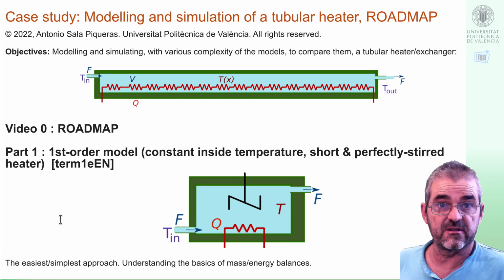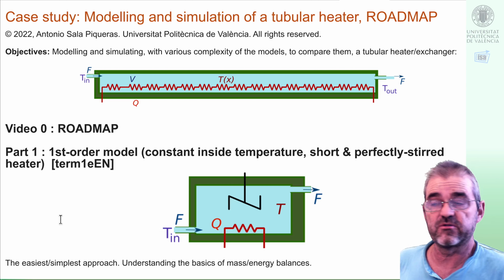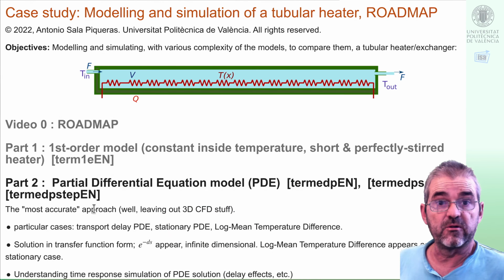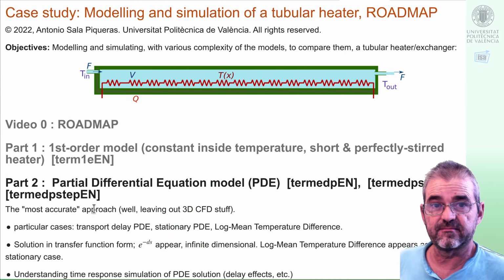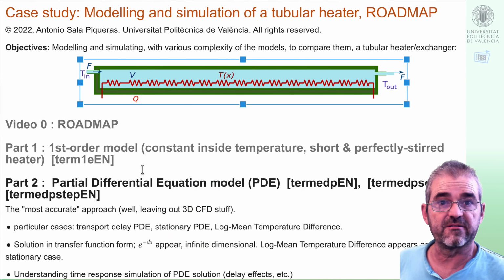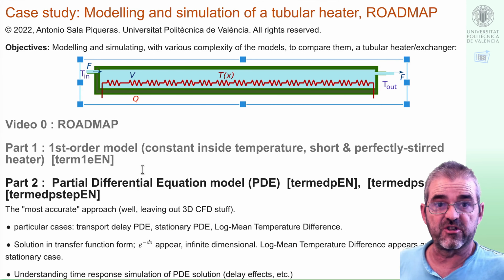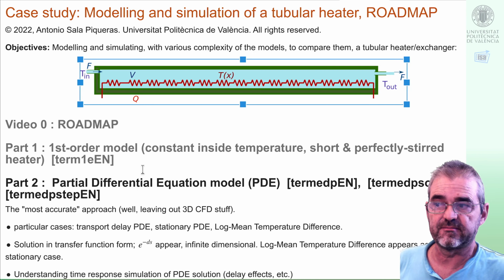And once we have understood this basic approach, we will go to the other end in complexity and will derive the partial differential equations that govern this tubular heat exchanger, of course, assuming that my problem is just one-dimensional, and we have laminar flow, no turbulence, no stirring in the middle.